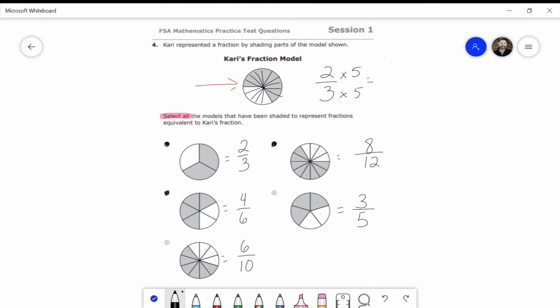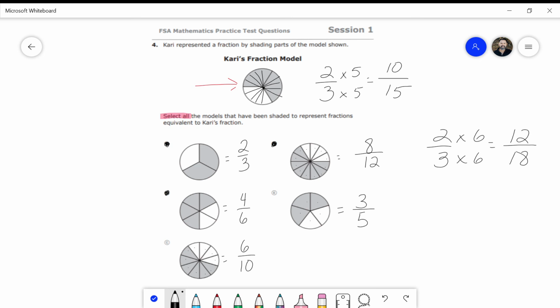Well, 2 times 5 is 10. 3 times 5 is 15. And so none of the other answer choices are popping up. And if I keep cutting it, if I do 2/3 times 6, the numerator is just going to keep getting bigger, and the denominator is also going to keep getting bigger.